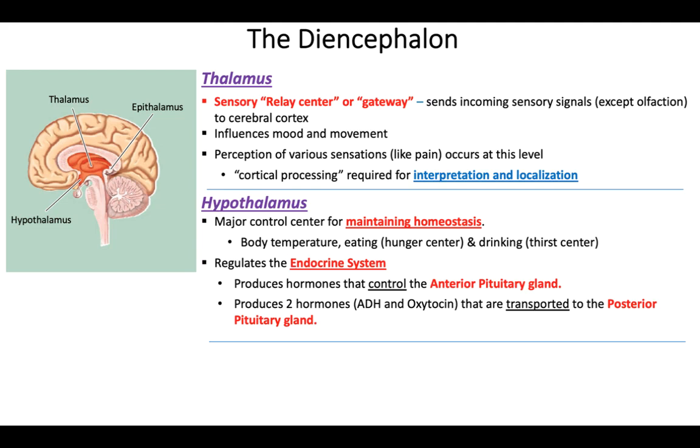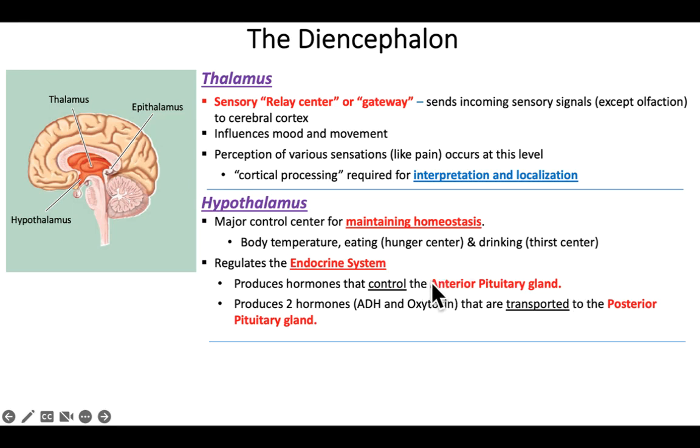It does this by largely controlling and giving hormones to the pituitary gland. So you'll notice that sticking down from the hypothalamus is a gland known as the pituitary. And that pituitary has two distinct lobes to it: an anterior portion and a posterior portion. The hypothalamus will control the anterior pituitary.